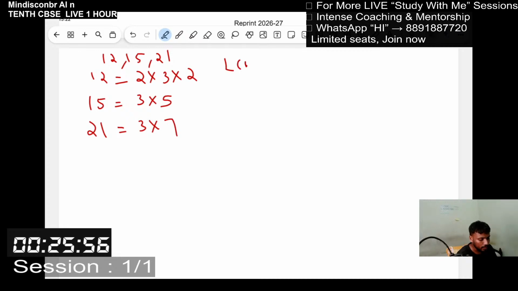So LCM is the greatest of all factors. Here we have 3 as common, so the greatest is 3 itself. 3 into 2 square, into 5 into 7.